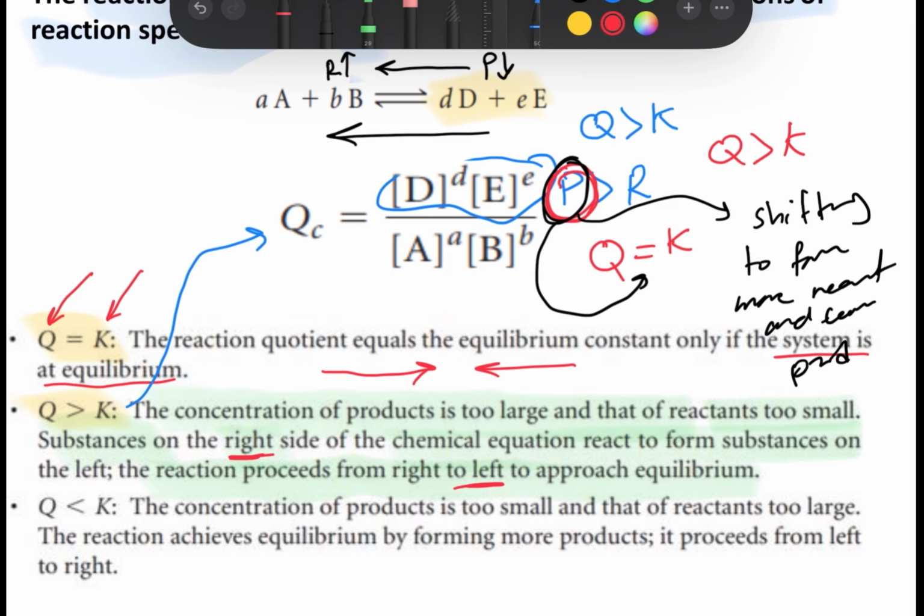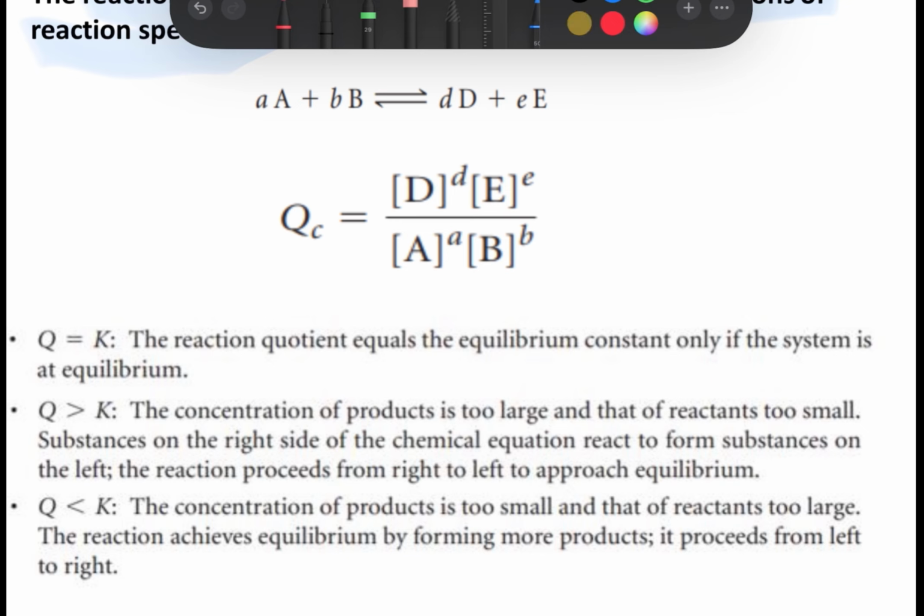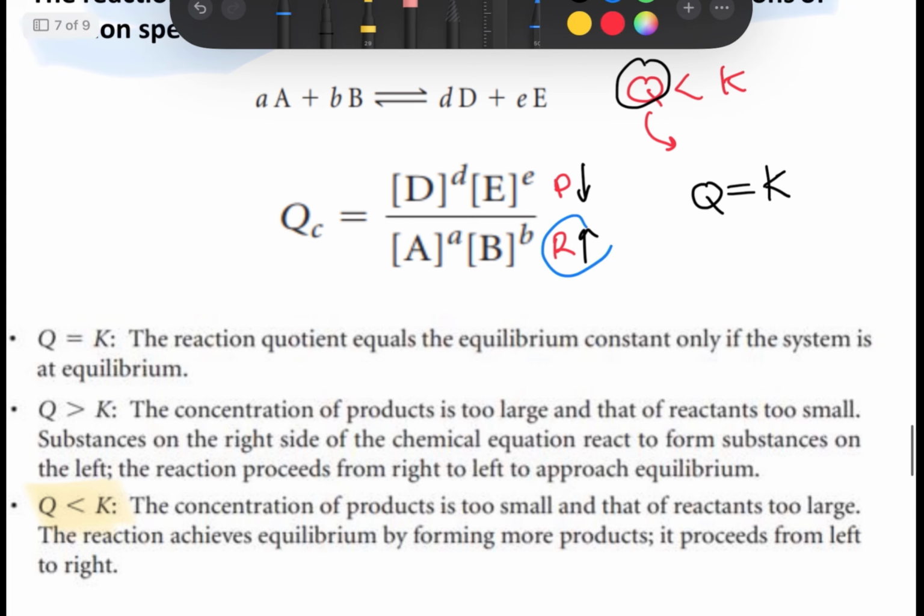It's precise. And finally, let's hit the third point, at which Q is less than K. If Q is less than K, since the ratio represents products over reactants and it's a very small value at that point, it means that you have so many reactants but a little amount of product. At the end, the reaction has to be in equilibrium, in which Q becomes equal to the value of K. So how can I decrease the amount of reactants?